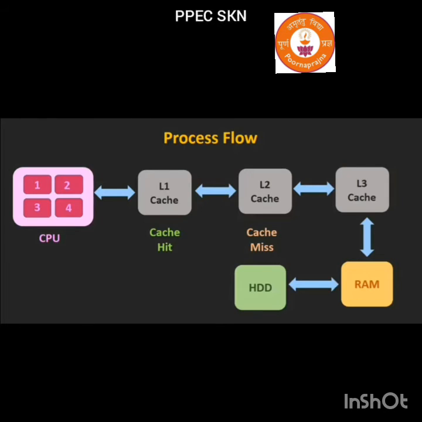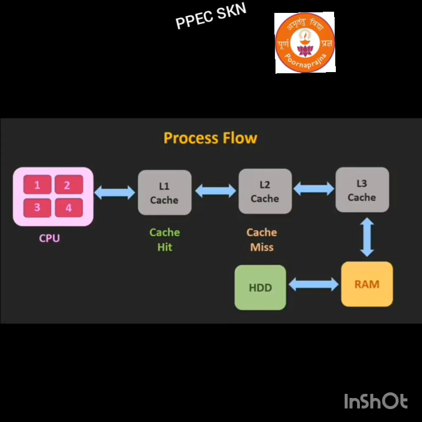If it is there, it will take it from the L1 cache, or else it will check the L2 cache or the L3 cache. If the data or information is not found in the cache memory, it is called a cache miss. If the data is available from the cache memory, it's known as a cache hit.